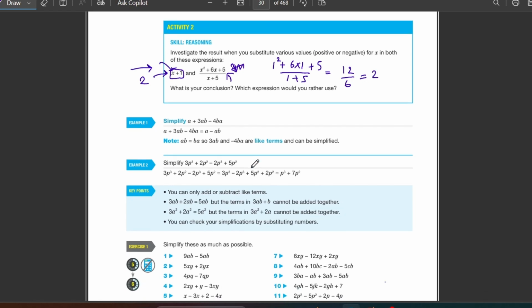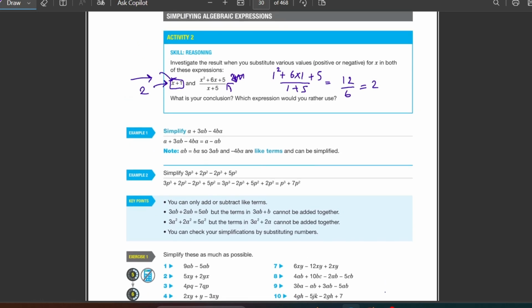Okay, so if we look at this, we can simplify this further. If we simplify this, it will give the same expression as x plus 1.